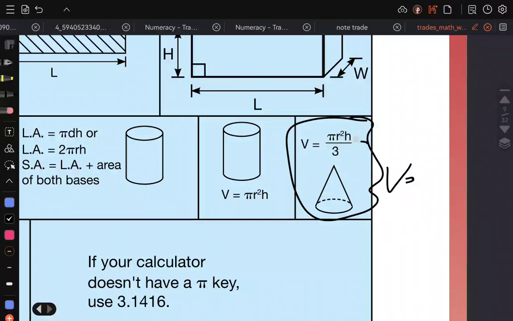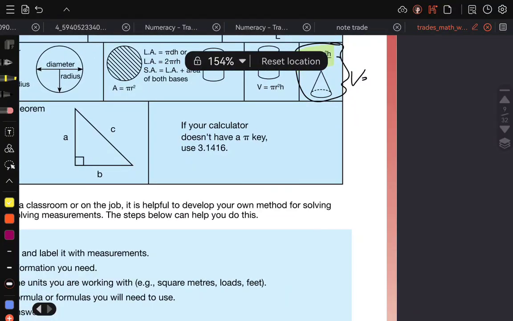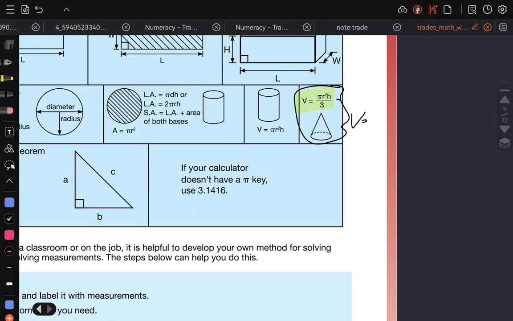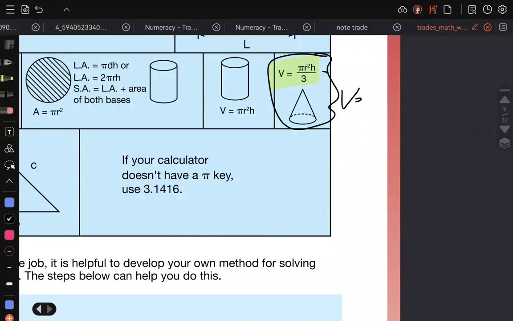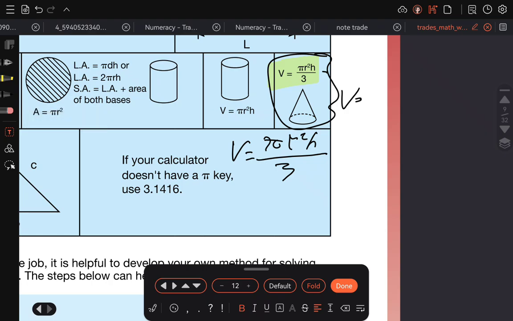Don't forget this one. Let me write it here so we can copy it. Volume equals pi multiply r squared multiply h, which is the height, divided by 3. Let's use our magic.